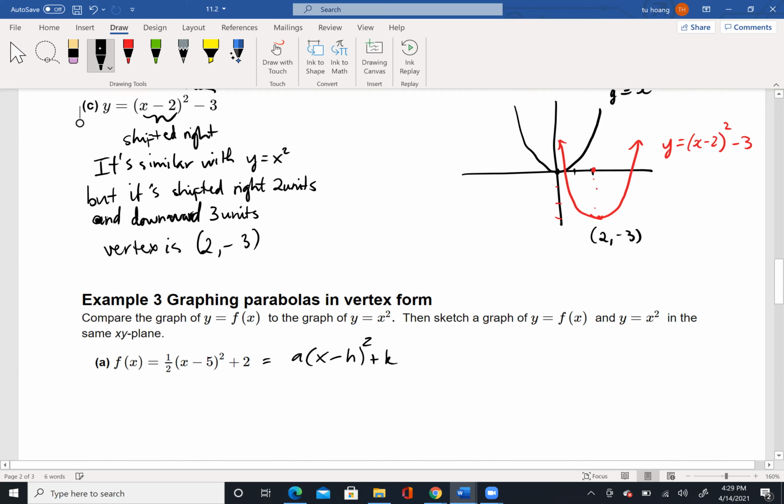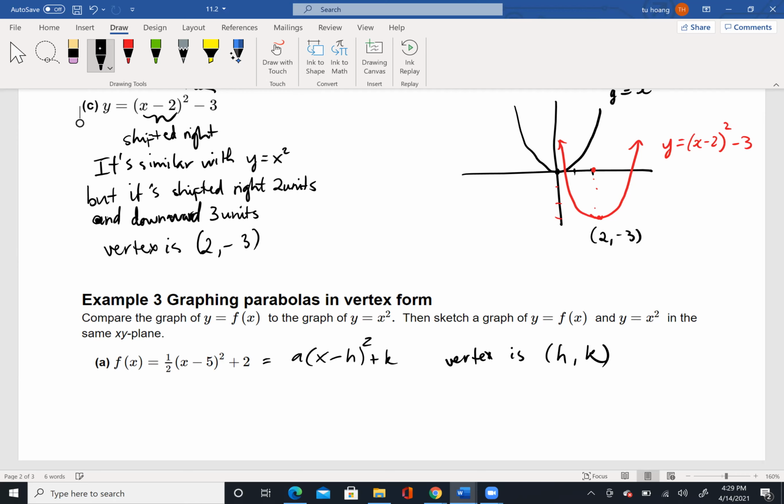So the vertex is (h, k), which in this case is (5, 2). See that? 5 and 2.